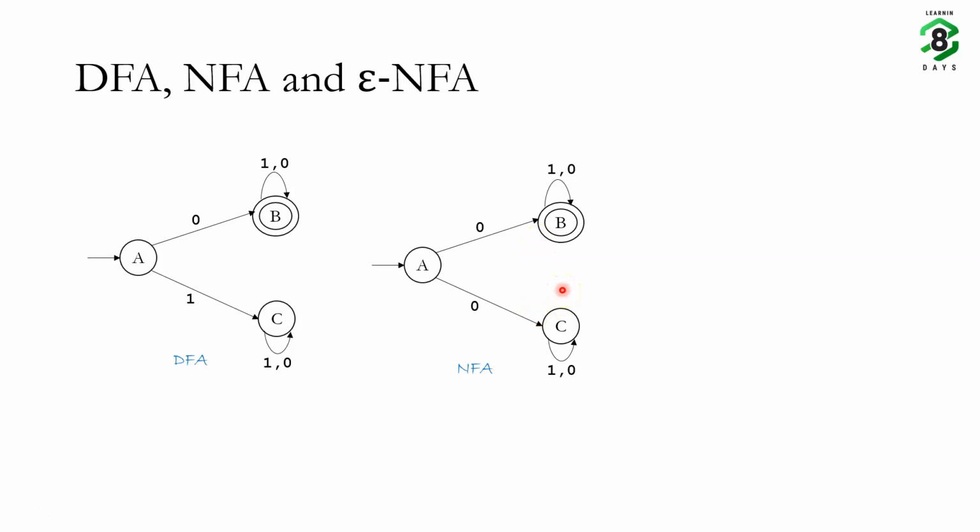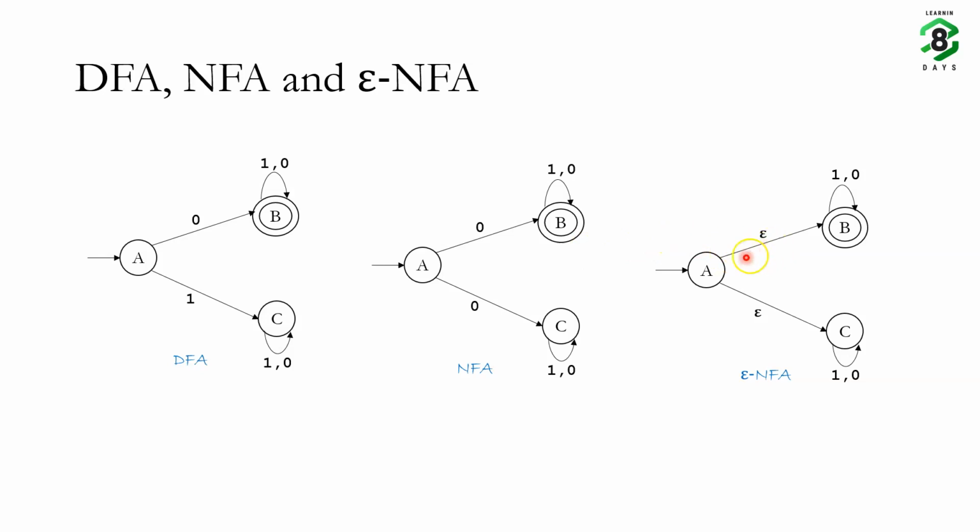Now, what is an Epsilon NFA? An Epsilon NFA is like an NFA where you cannot determine the next state given the current state and the input symbol, but there is also another difference: a transition from one state to another does not need an input symbol.